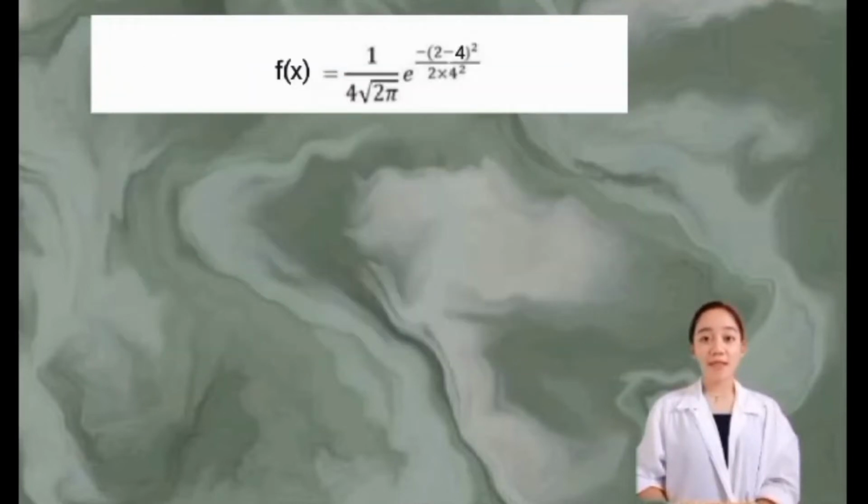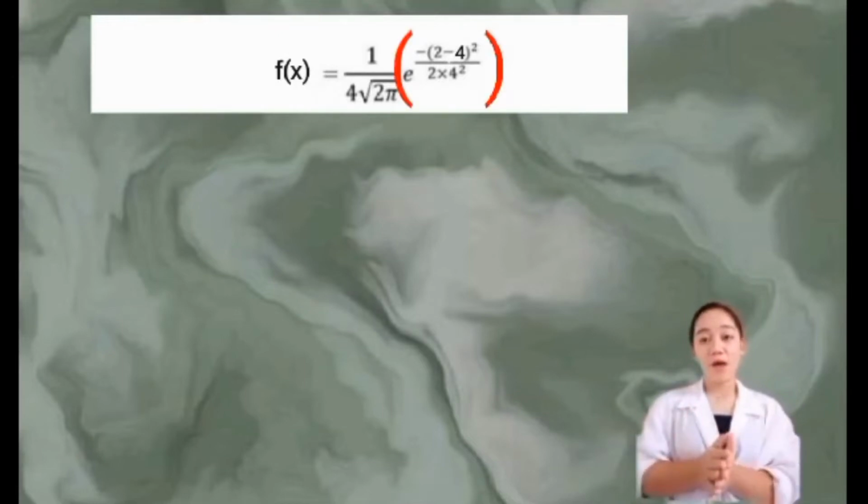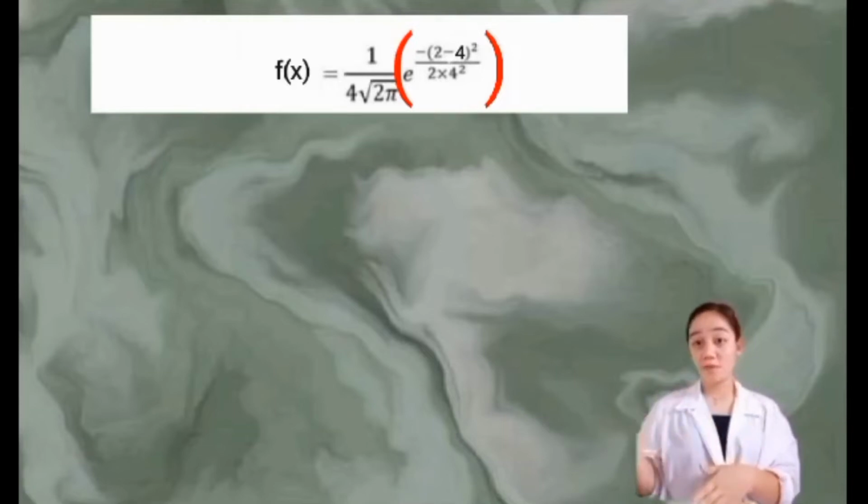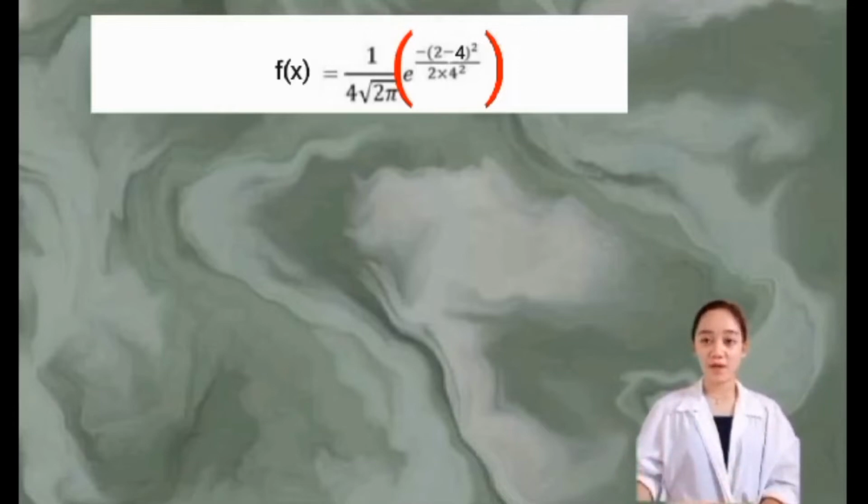So same as example number 1, ato sa ni siyang buwagon from 1 over 4 times the square root of 2 times pi, ibuwag na to siya from e raised to the power of negative times the quantity of 2 minus 4 squared over 2 times quantity of 4 squared.